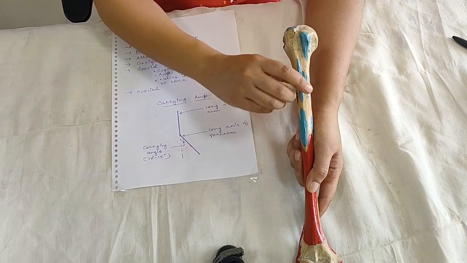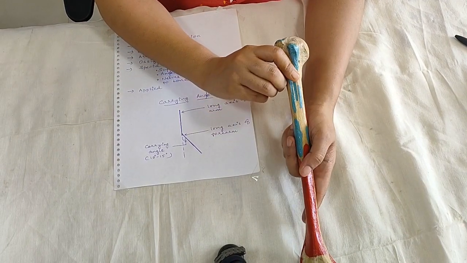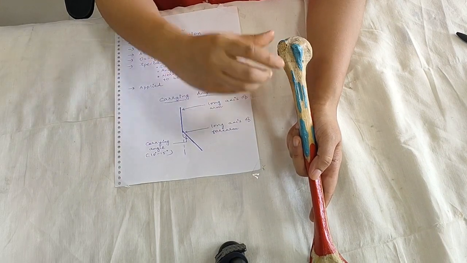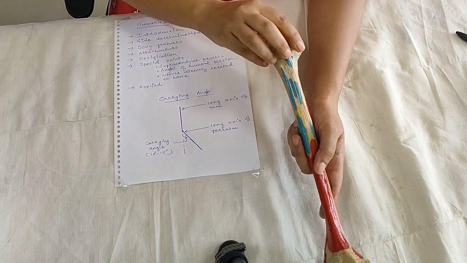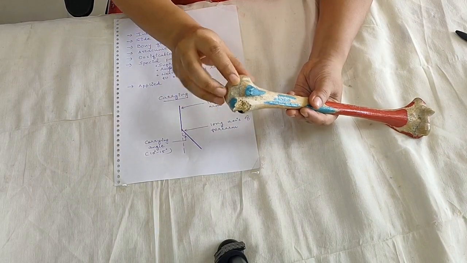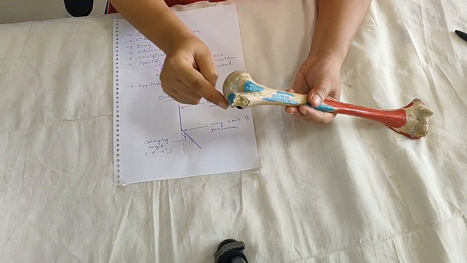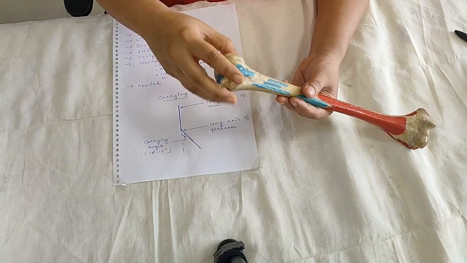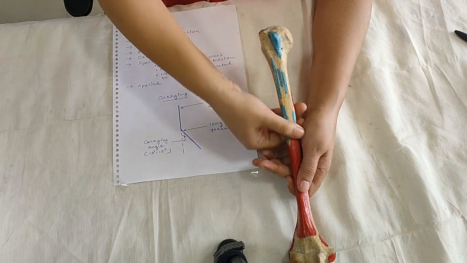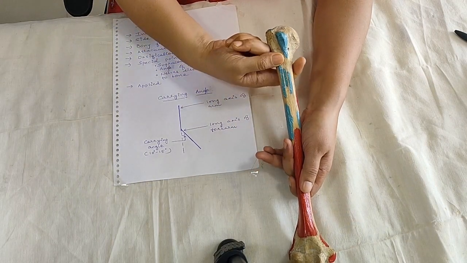Okay, one thing I forgot to tell you in the previous video, the neck of the humerus. First is the anatomical neck, which separates the head of the humerus from the rest of the upper end. It is over here, this constricted portion. In the same way, the upper end of the humerus is separated from the shaft by another constriction.